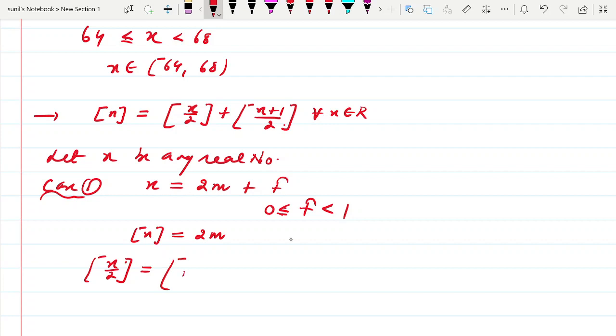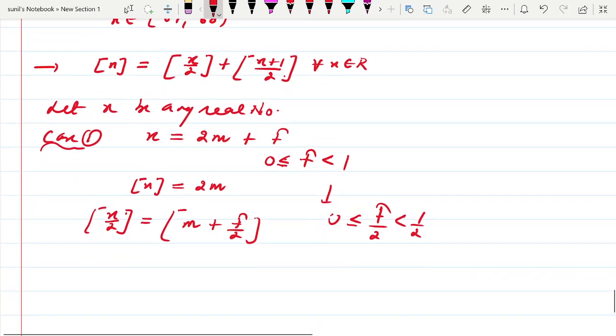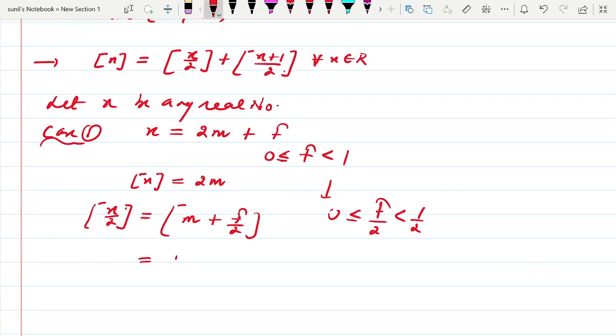It is m plus f by 2. Now f by 2 lies between 0 and half. So the greatest integer of this is m. Now the greatest integer of x plus 1 by 2 turns out to be 2m plus 1 plus f upon 2.